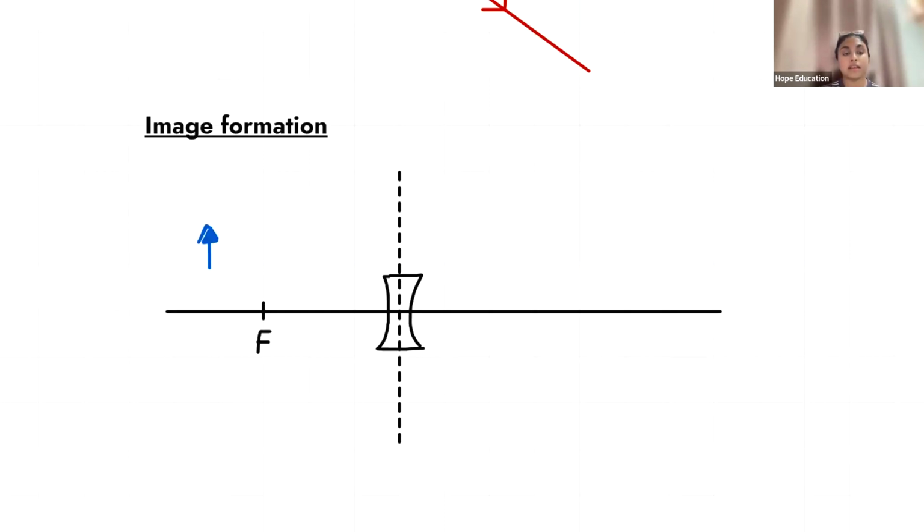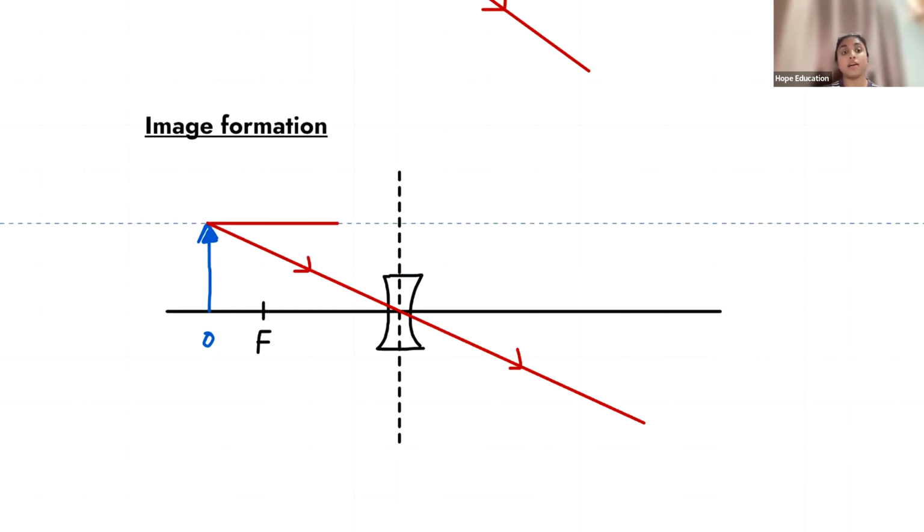So what are the light rays that I'm going to use? One is the ray going through the optical center, which goes along the same path. See? The other is the parallel ray. The light ray that is going parallel will refract as if it is being refracted from the focal point, like this.